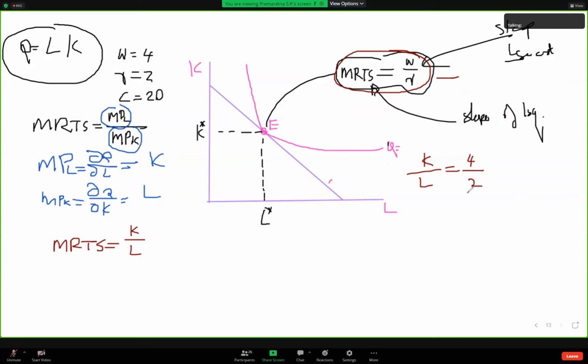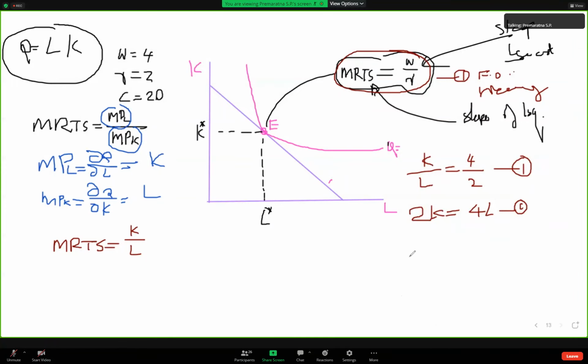So this we call the first order condition, or necessary condition. Now we got the first order condition equation, which means 2K equals 4L.